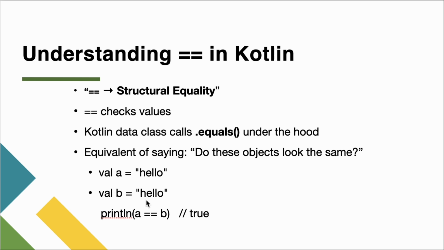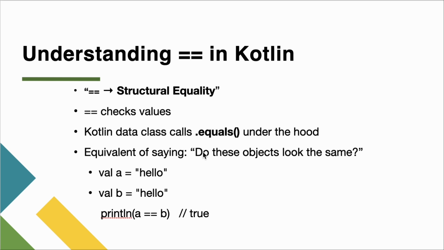Okay, so first up, double equals. When you see double equals, that is nothing but structural equality. Kotlin is basically asking, do these two things have the same content, same values, or the same data inside? Behind the scenes, Kotlin calls the equals method.